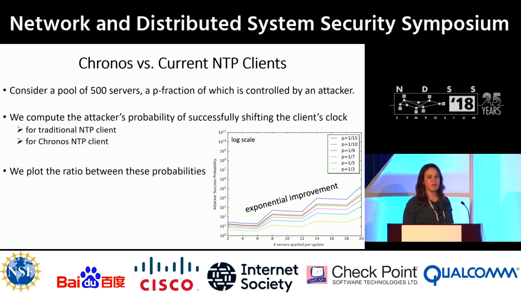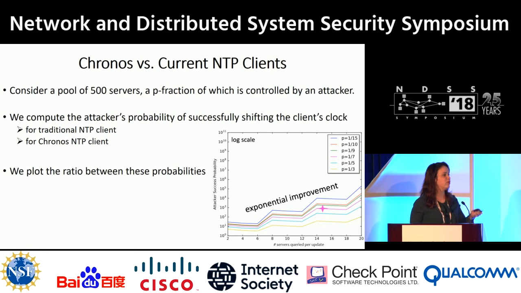And here we can see the benefits of using Chronos over the current NTP as a function of the number of servers queried per update and the ratio of malicious servers in the pool, where we have a pool of 500 servers. Notice that the y-axis, which is the improvement ratio between Chronos and the current NTP client, is in log scale, so the improvement is exponential.